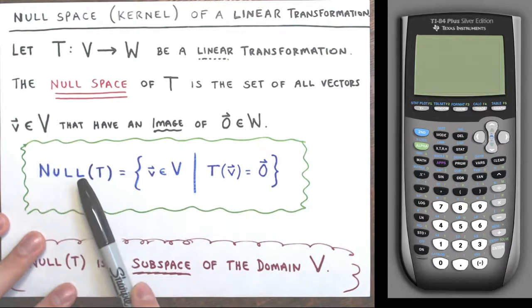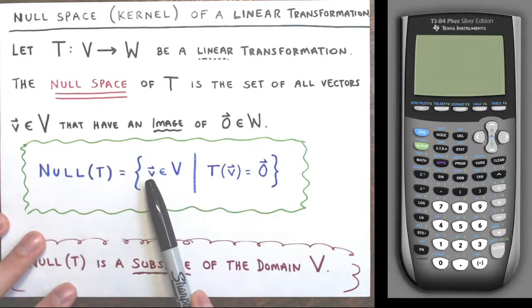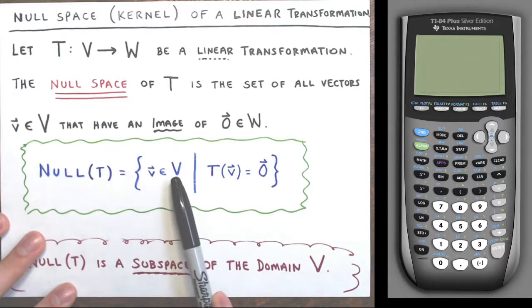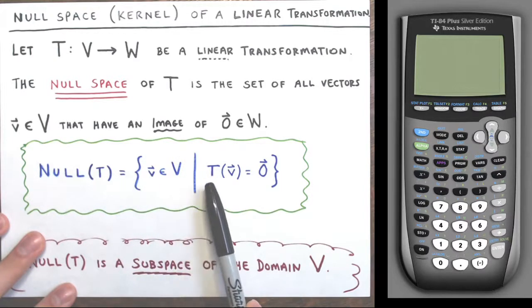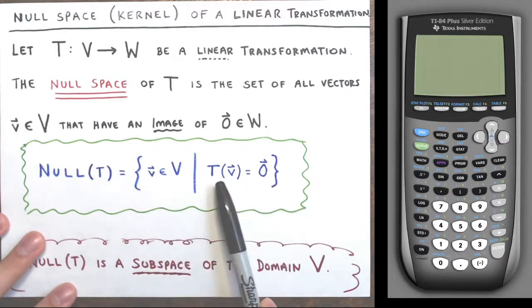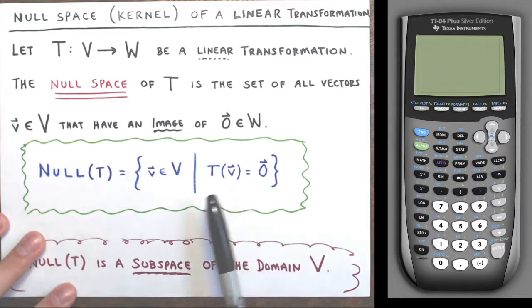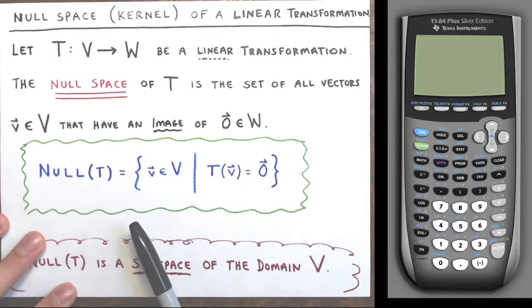It was null of some matrix, but now it's a transformation name here. The null space of T is all the vectors V from the domain such that T of V equals 0. So we're basically just looking for all the solutions to this equation. What are all the vectors that I can replace V with that give me an output of 0 when I apply the transformation T to it?